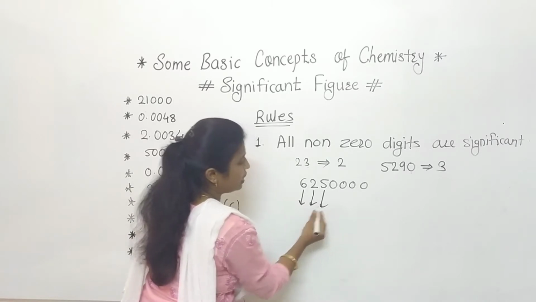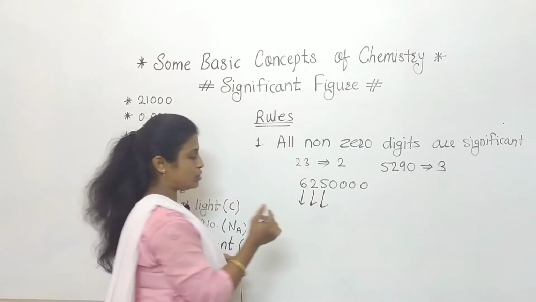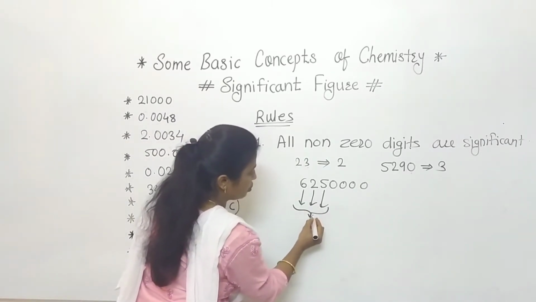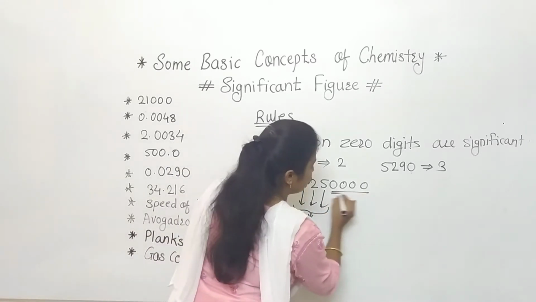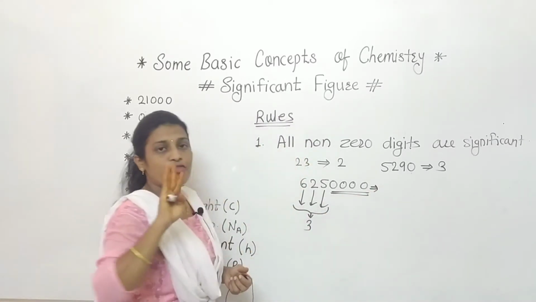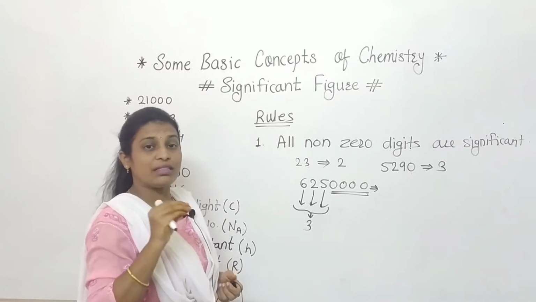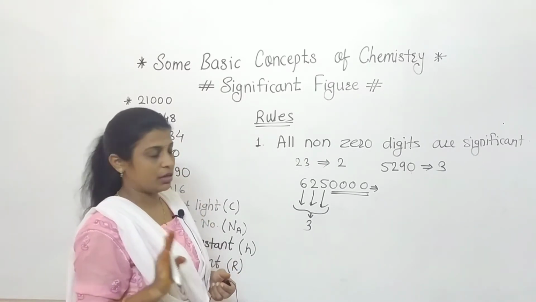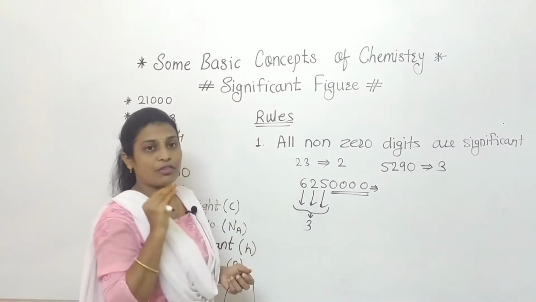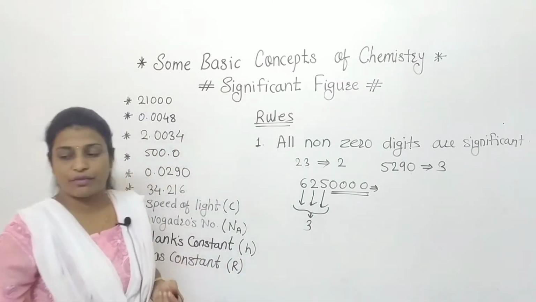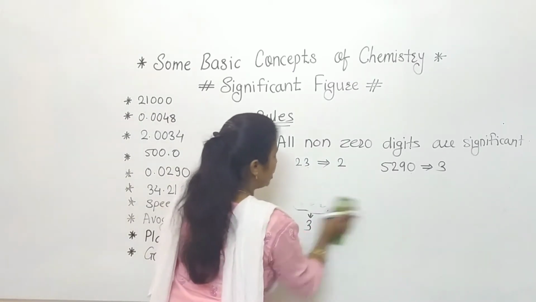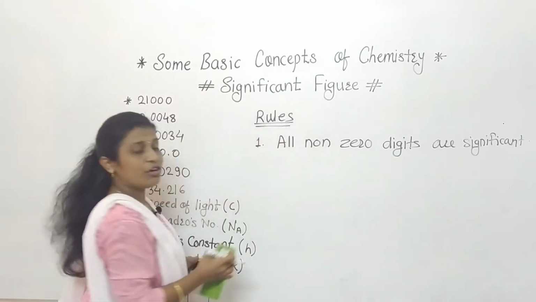So there are 3 digits which are non-zero, means the significant figure for this one is 3, and these zeros whose number is 4, these 4 zeros are non-significant. Hope everyone understood the first rule as well as we have applied it for this one also. Okay, so here we have completed our first rule.